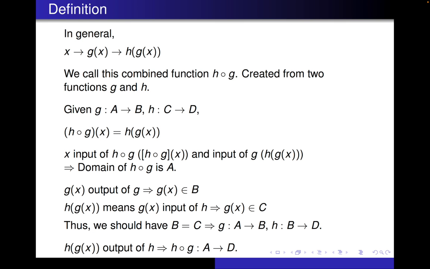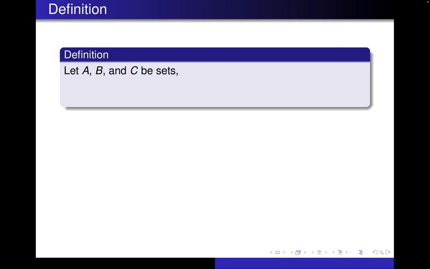It's also an output of h circle g, which means that the codomain of h circle g has to be D. All right, so let's look now at the formal definition of composition of functions.